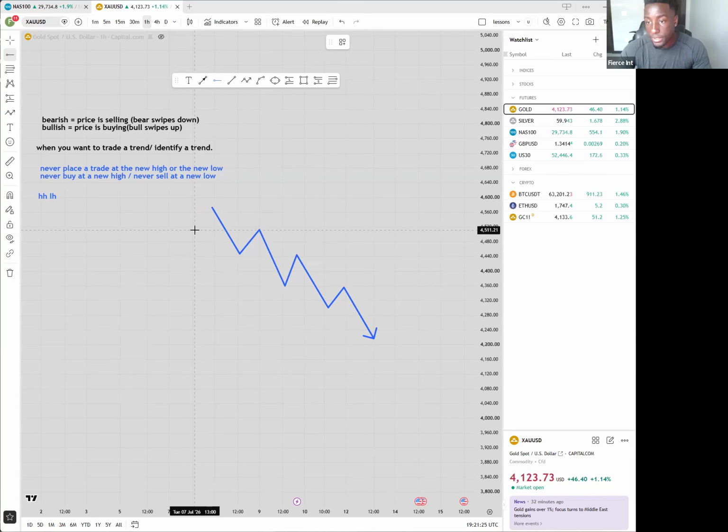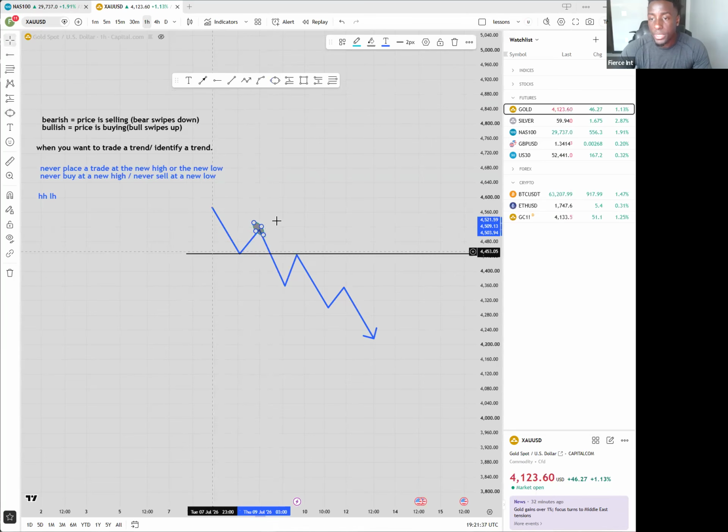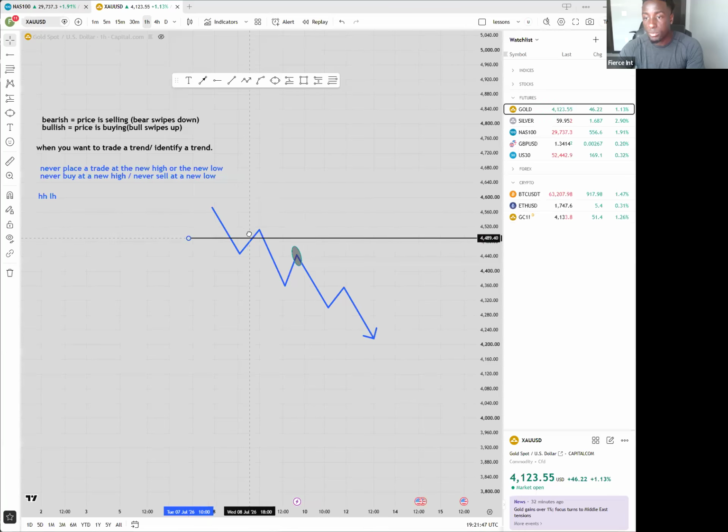Wait, actually, stop loss is placed here, and then your entry is placed at this level. Sorry, I'm going to move this back. Actually, no, I have this backwards. So you are going to place your entry when price goes here. You're going to place it here, and you're going to move your stop loss to the previous high, like this. This is what you should do whenever you place it.